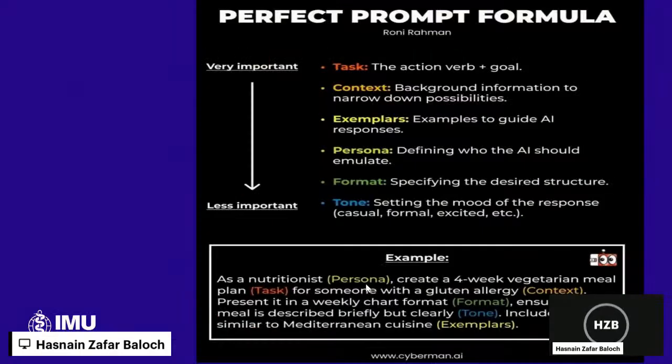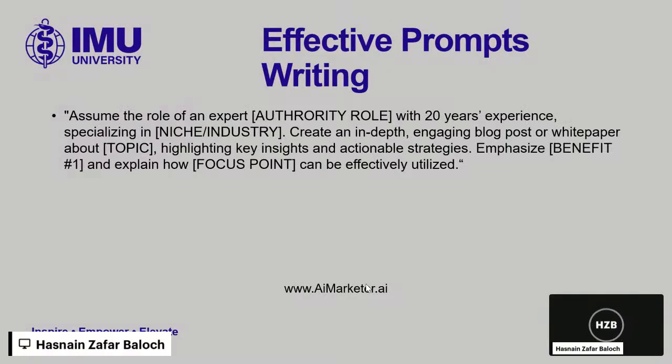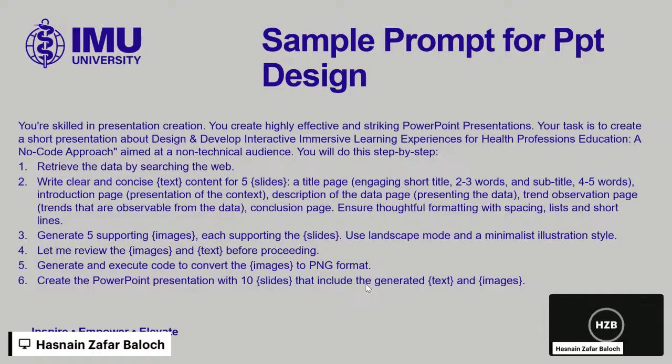I will go very quickly. These are the key elements which you should incorporate into your prompts. Some other examples. The more detailed the prompt you give, the better they can design, and especially this prompt gives a very clear idea to algorithms or large language models about what exactly you are expecting from these models.